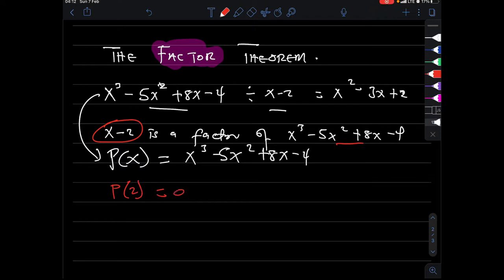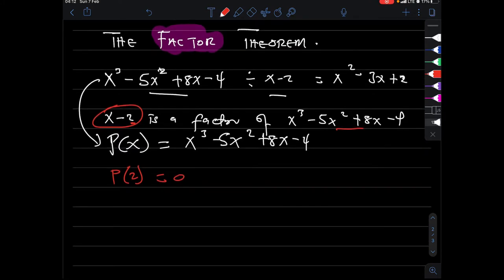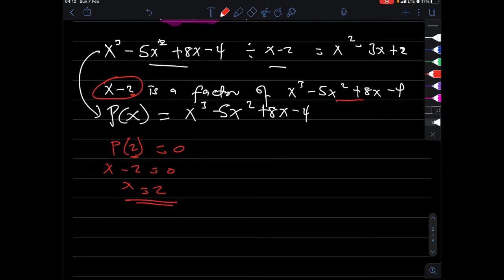When I put the value 2 into the polynomial, I should get 0. Before we continue, always set the factor to 0. So x minus 2 equals 0, that means x is equal to 2. That is why I'm saying that p of 2 should give me 0. All right, so let's verify that.